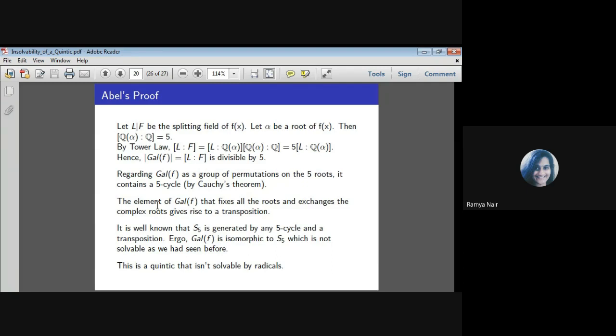So by that theorem which says that the Galois group of a polynomial has to be solvable, we can say that the polynomial that we described before, that is x to the 5 minus 3x plus 6, is not solvable by radicals because the Galois group of that polynomial is S5, which is not a solvable group. So that was Abel's proof of the existence of a quintic that cannot be solved by radicals.